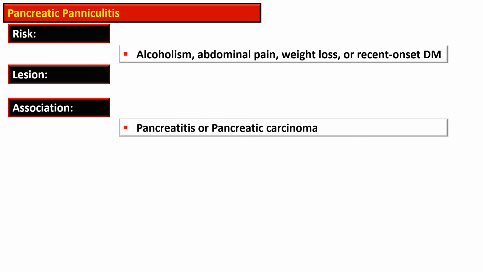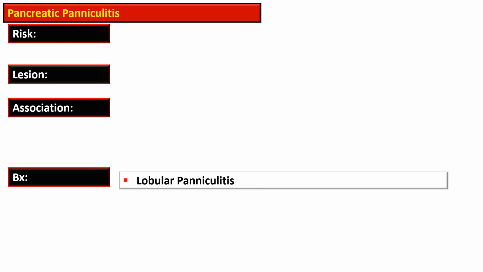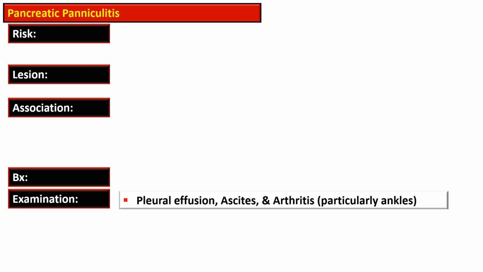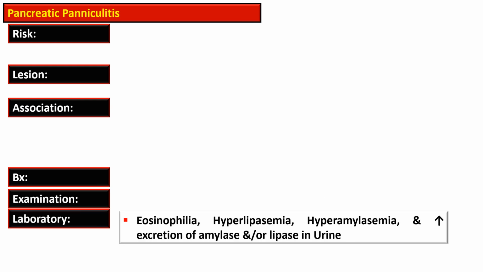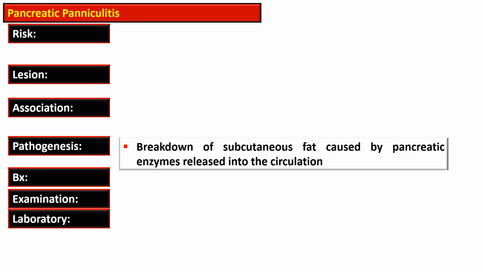They are associated with alcoholism, abdominal pain, weight loss, or recent onset diabetes mellitus. On morphology, they exhibit the features of lobular panniculitis or erythema induratum. On examination, there may be presence of pleural effusion, ascites, and arthritis, particularly of ankle, and laboratory examinations show eosinophilia, hyperlipasemia, hyperamylasemia, and increased excretion of amylase and or lipase in the urine.